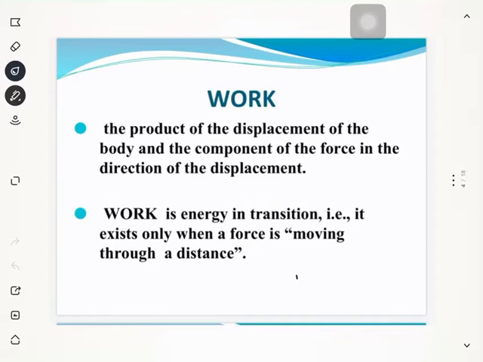For example, here we have a box. If you apply force here, and we have this distance d, then we know that work is the product of force times displacement.